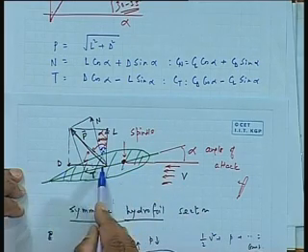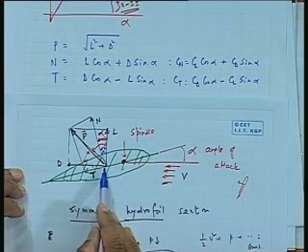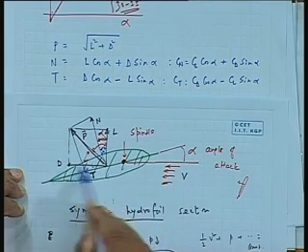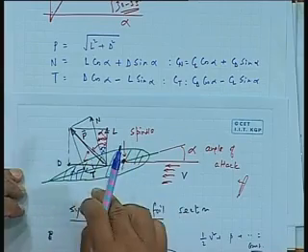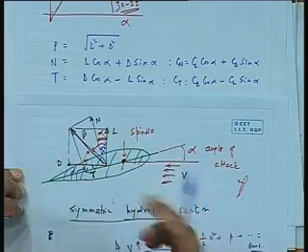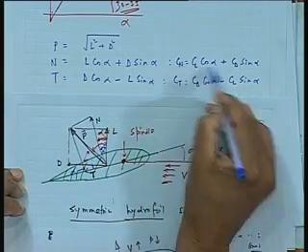Similarly, T is going to be D, this is alpha again, D cos alpha minus L sin alpha, and of course in terms of coefficients it becomes like that.